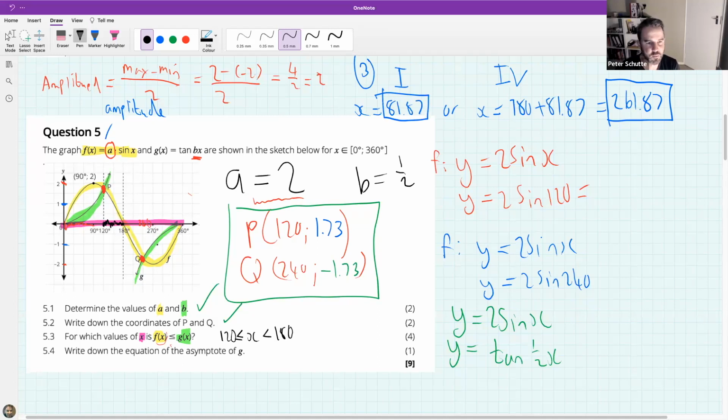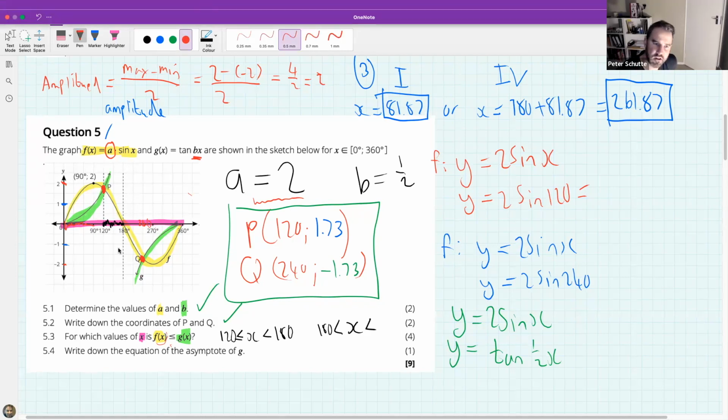Now, is there anywhere else where the yellow graph is above the green graph? I think on the other side, so when X is greater than 180 and less than something. Because over here, the yellow graph is still above the green graph.